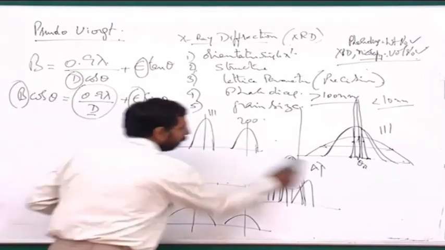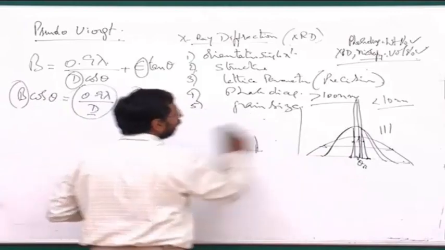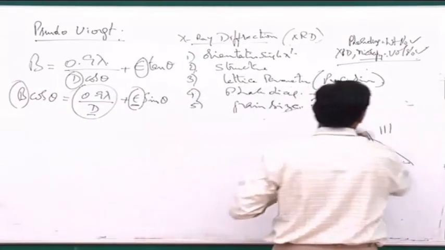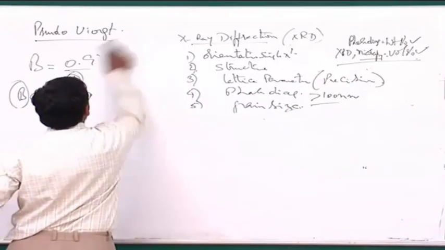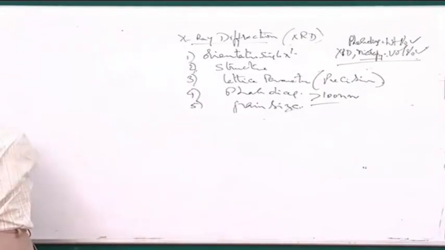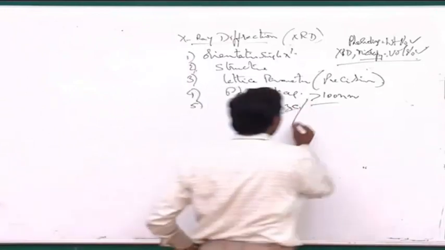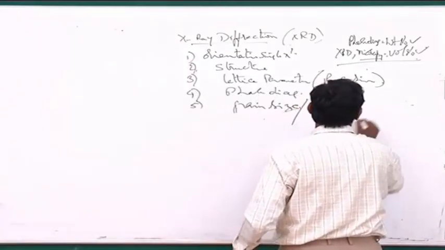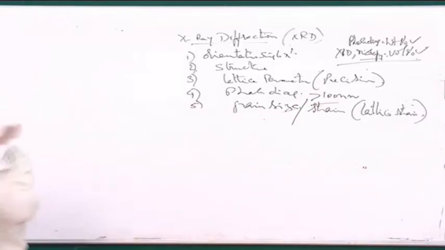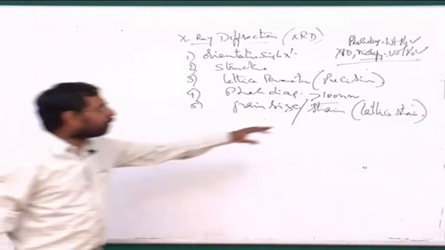And how do I find out if there is some residual stress inside my material? That is another question. So far we talked about grain size measurement, and I also talked about strain, which we call lattice strain, which is a non-uniform strain. Please remember, we are not measuring the uniform strain.